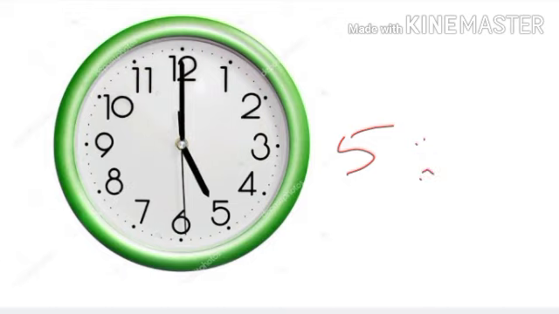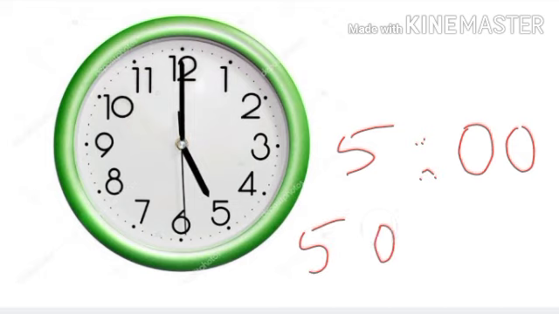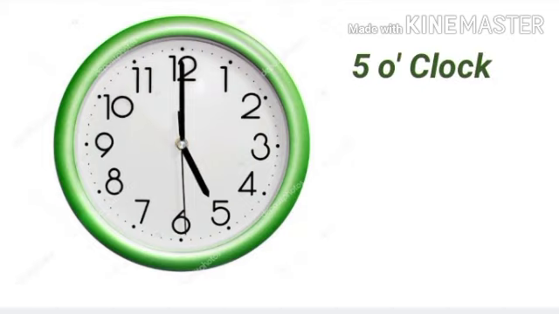Then you check the minute hand. It shows 12, so we put 0 minutes. We don't have any minutes. So we can say 5 o'clock. In words, you can say 5 o'clock. Here it shows it's 5 o'clock.